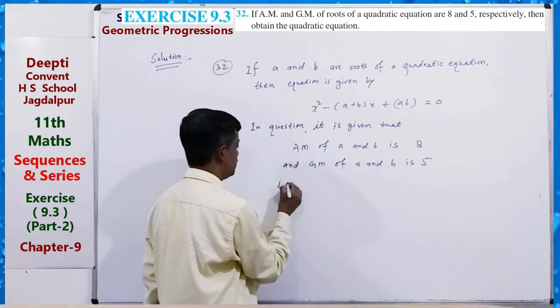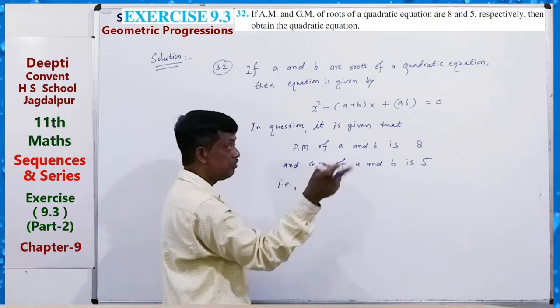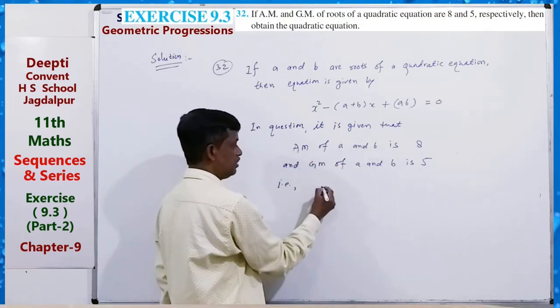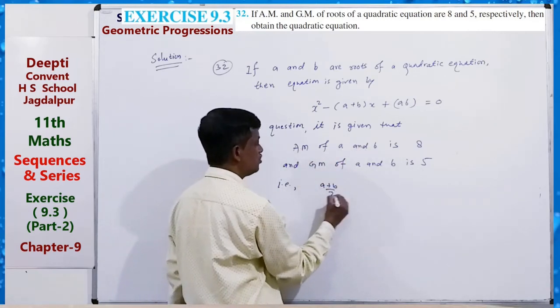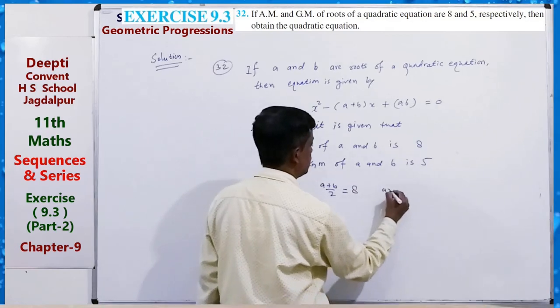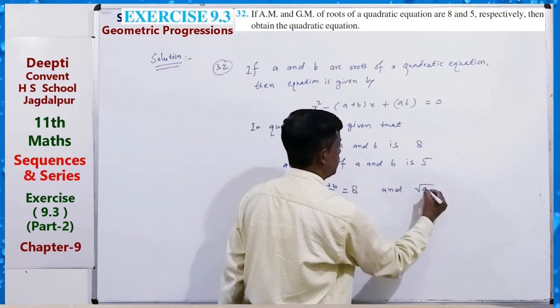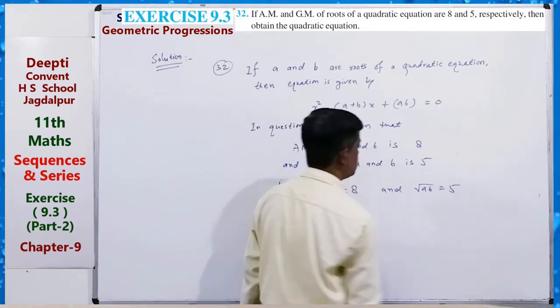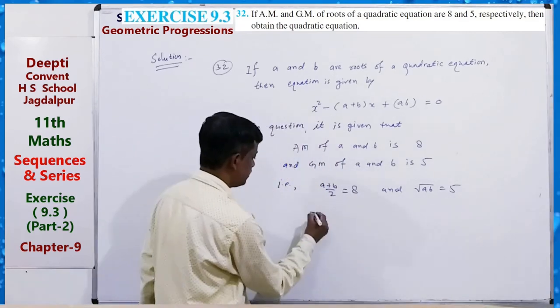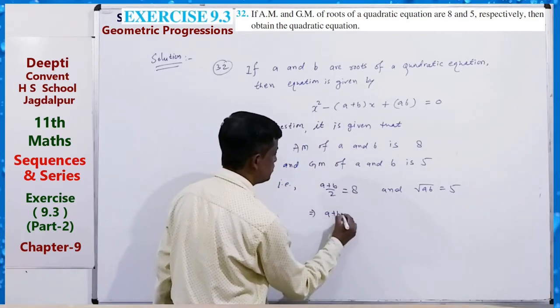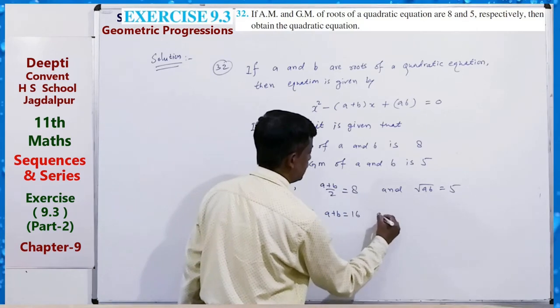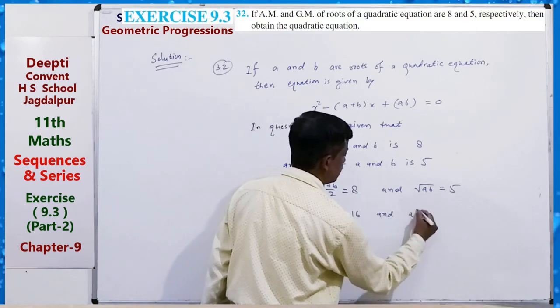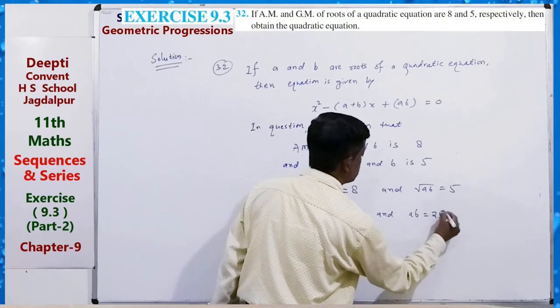That is arithmetic mean of a and b, a plus b by 2 equals to 8 and root of ab equals to 5. This is given. So from here we can find a plus b equals to 16 and squaring, ab equals to 25.